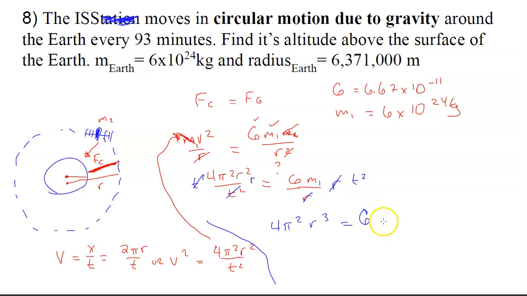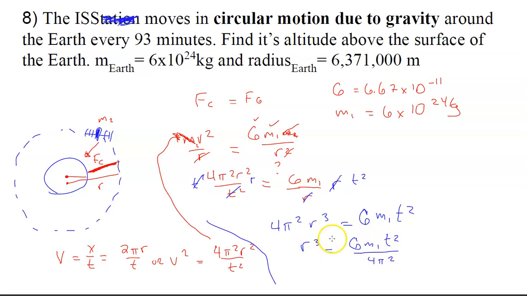m1 t squared. I have a hard time making my g's and 6's look different. So r cubed is going to be G m1, mass of the Earth, t squared divided by 4 pi squared. And I don't want r cubed, I want r.